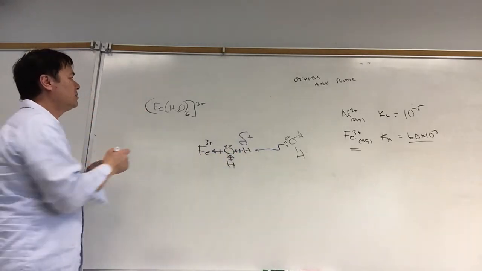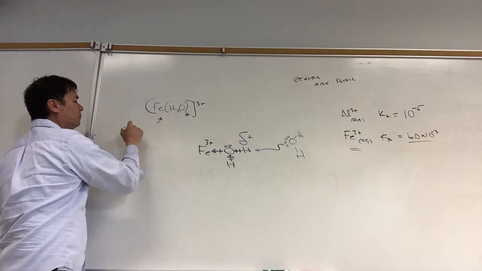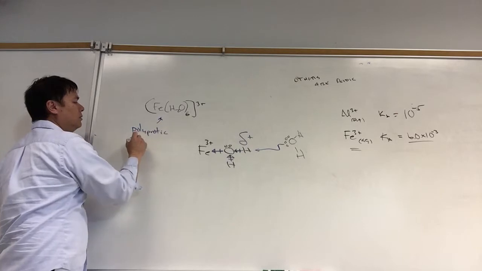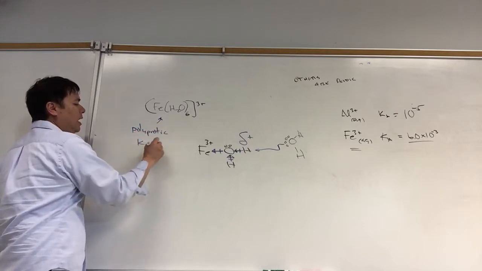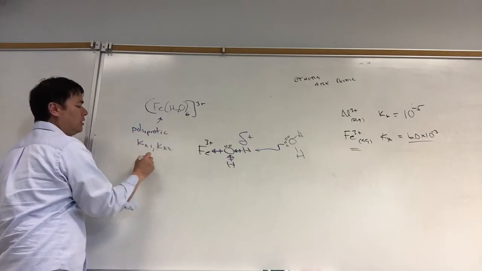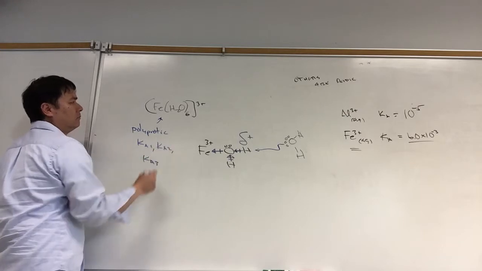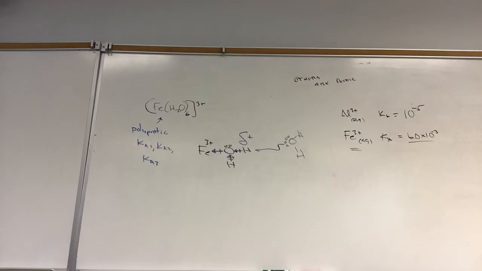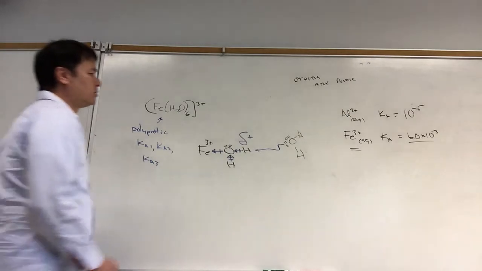In fact, this is a polyprotic acid. There's actually a Ka1, a Ka2, a Ka3. Well, 6, then you get into hexahydroxo, but that would be too much negative charge probably. So for sure, it's a Ka1 through Ka3 because you end up forming iron 3 hydroxide.